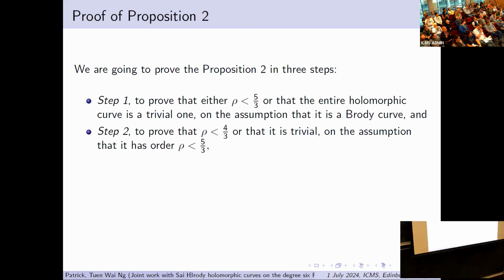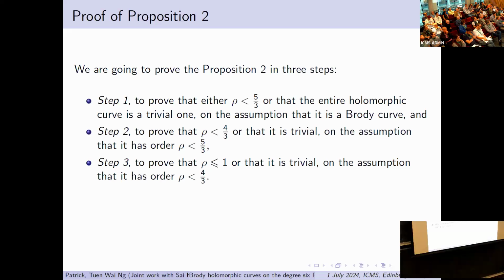And then the second step looks very similar. You assume you start with a Brody curve of order less than 5 over 3, and then you prove that the order actually has to be 4 over 3. And finally, you assume you start with a Brody curve with order 4 over 3, and then eventually you prove that the order has to be less than or equal to 1.